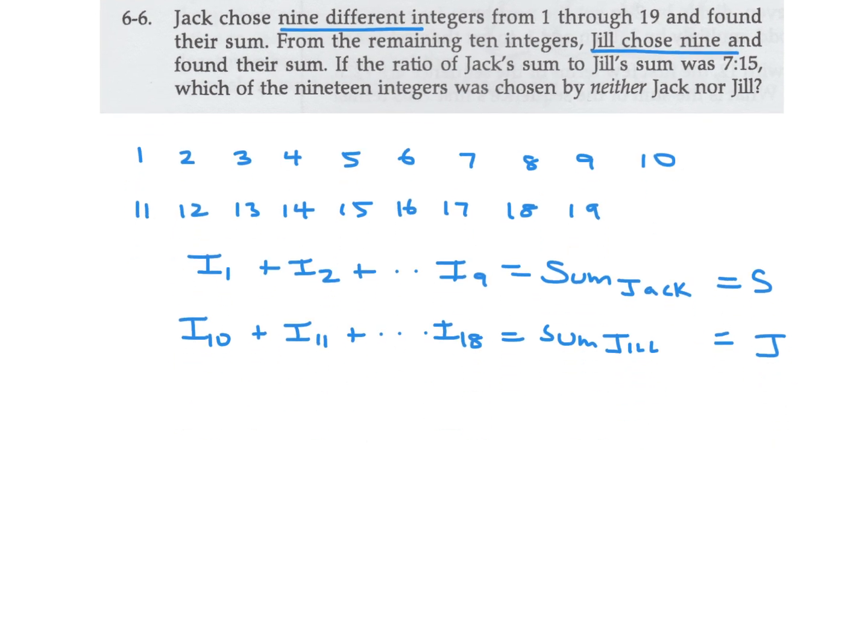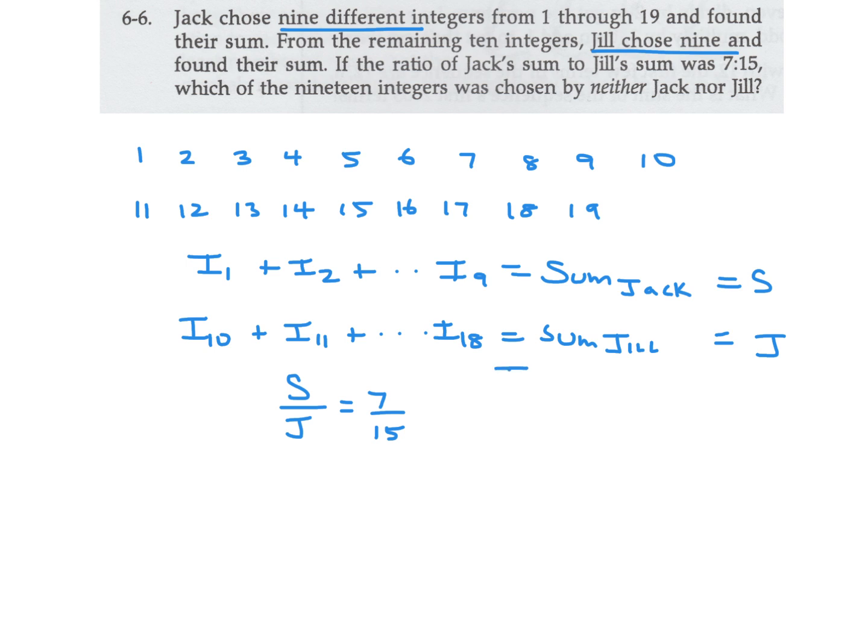Then they're saying that the ratio of Jack's to Jill's is 7 to 15. Okay, I got it.